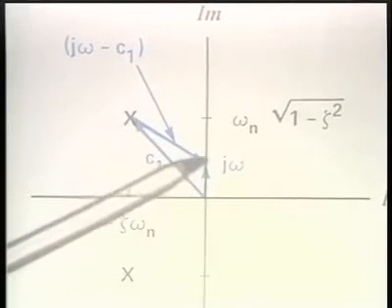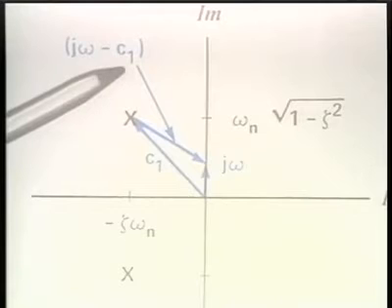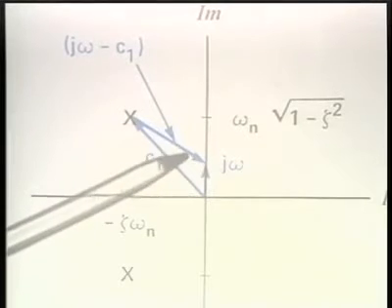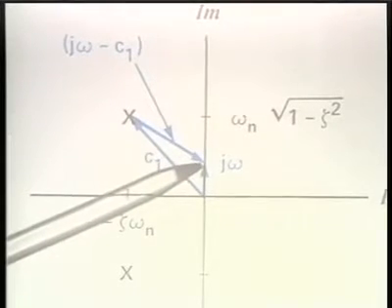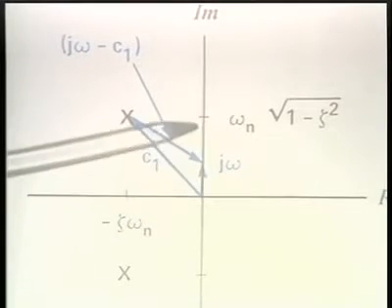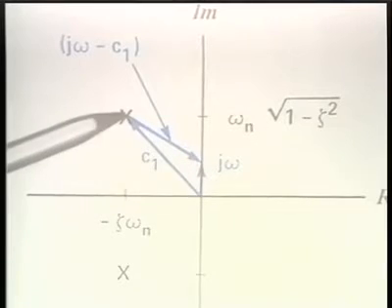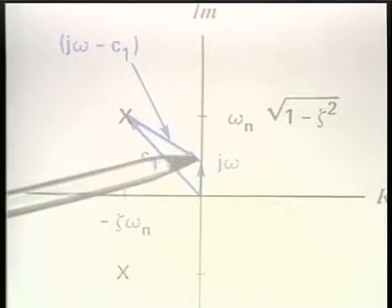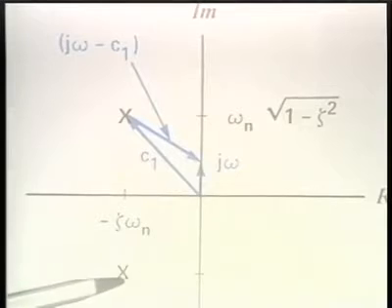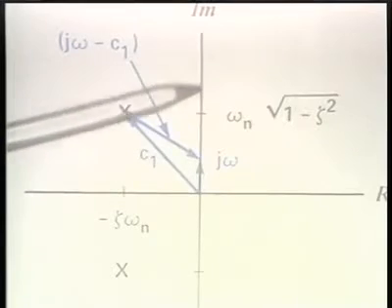This vector, then, is the vector which is j omega minus c1. So it's the length of this vector that we want to observe as we change omega, namely as we move along the j omega axis. We want to take this vector and this vector, take the lengths of those vectors, multiply them together, divide that into omega sub n squared, and that will give us the frequency response.